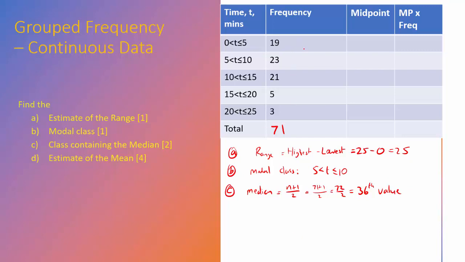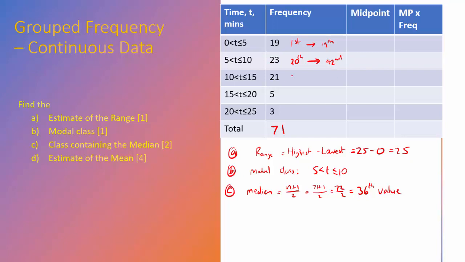To find out where the 36th value is, I'm going to put the position numbers in the frequency column. We've got 19 people in here. This one starts with the first person, all the way to the 19th person. Then the 20th person is in here, all the way to 19 add 23, which is the 42nd person.